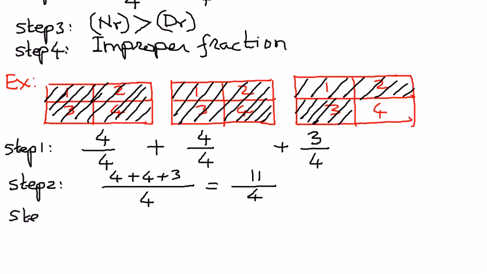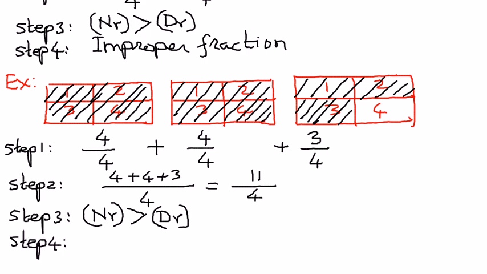As step number 3, since the numerator, represented as nr, is greater than the denominator, represented as dr, therefore we're going to conclude that this is an improper fraction.